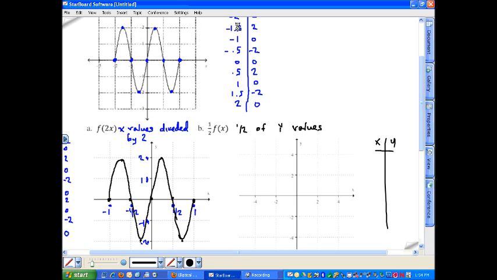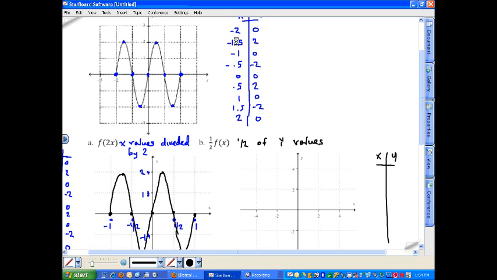We're going to use the same x values this time as the original function. But the y values will be cut in half.